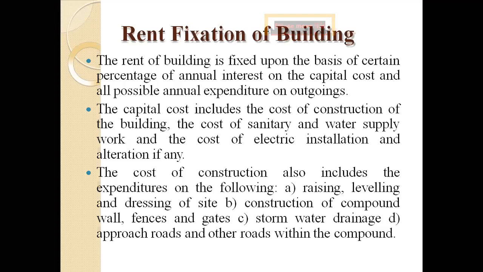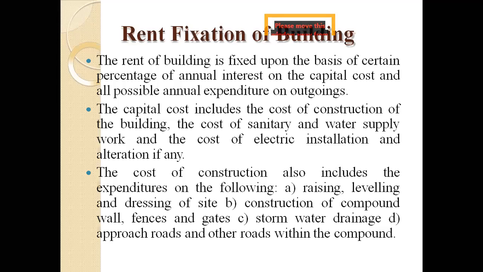First factor is nothing but cost of construction. That means you have constructed a house, so nearly about 10 lakh rupees you have invested. So what is your thought? I have invested 10 lakh rupees, so definitely I will think to regain whatever investment I have done. So the first factor is your cost of construction.